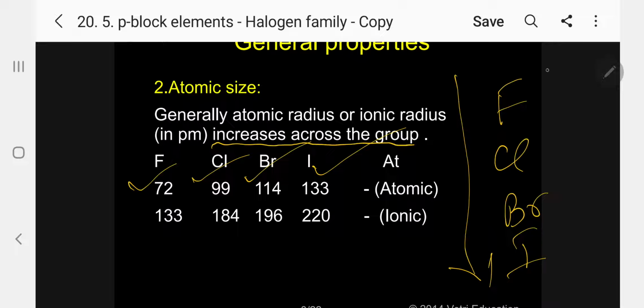For all the other periodic properties, this increases, and the other properties decrease down the group. The other properties, ionization energy, electronegativity and electron affinity, these three properties decrease.